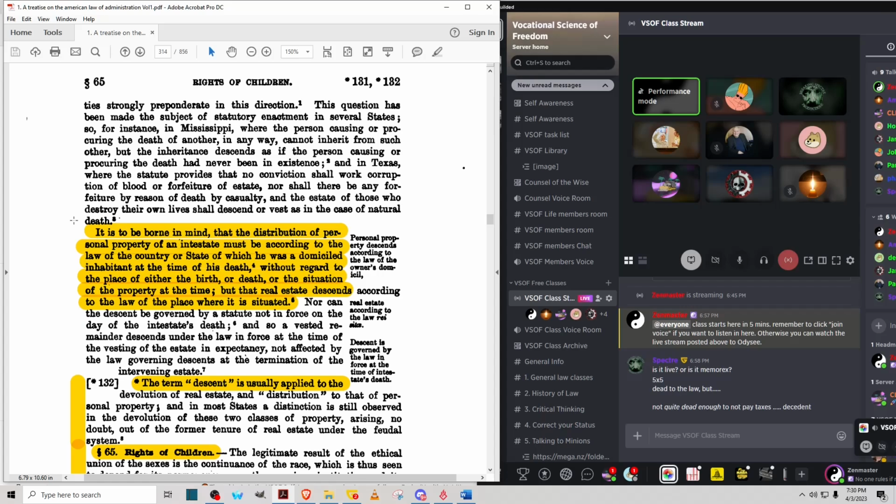So meaning, okay, so let me break that down. It is to bear in mind that the distribution of personal property of an intestate must be according to the law of the country or state of which he was a domiciled inhabitant. Okay, domiciled, not a resident, but lawfully domiciled. Because you can have many residences, but you can only have one domicile. Okay?